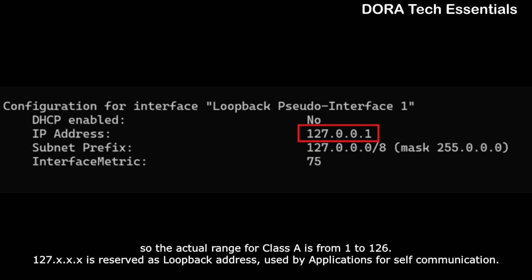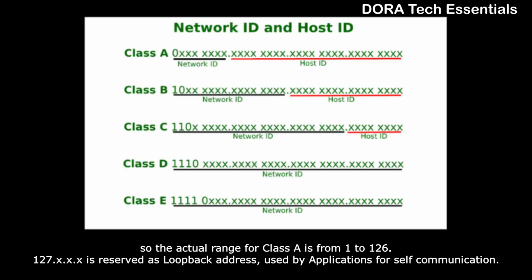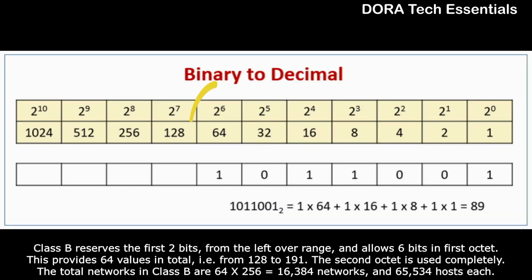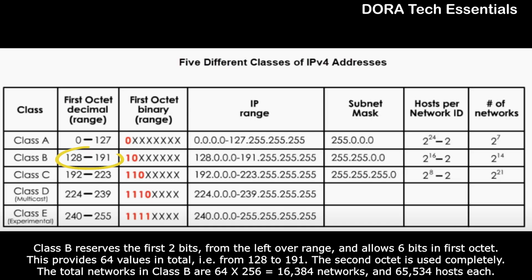127.x.x.x is reserved as loopback address, used by applications for self-communication. Class B reserves the first 2 bits from the leftover range and allows 6 bits in the first octet. This provides 64 values in total, i.e. from 128 to 191.